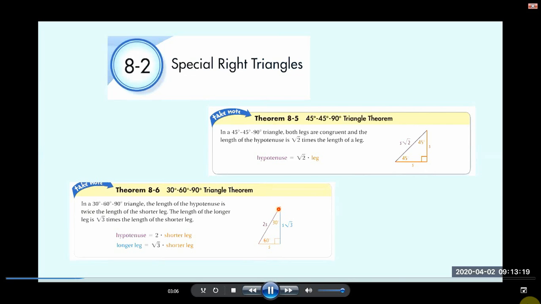For example, if the hypotenuse is 10, then the side opposite to 30 equals 5, and the side opposite to 60 is 5 root 3. If the hypotenuse is 14, then the side opposite to 30 is 7, and the side opposite to 60 is 7 root 3.